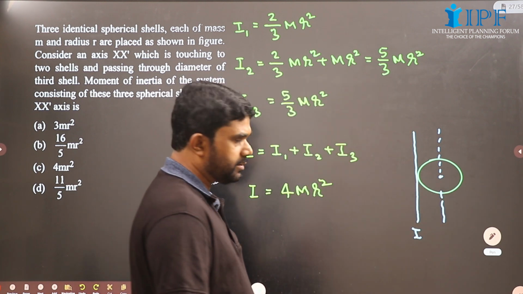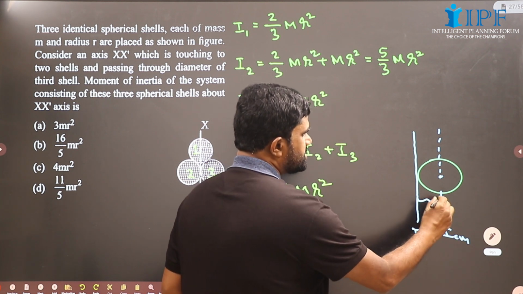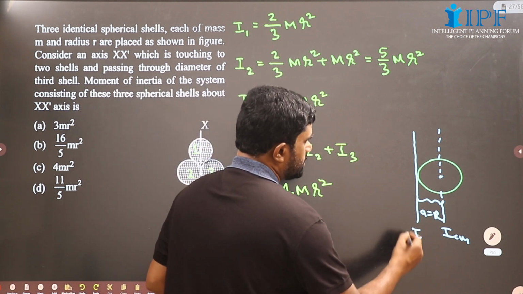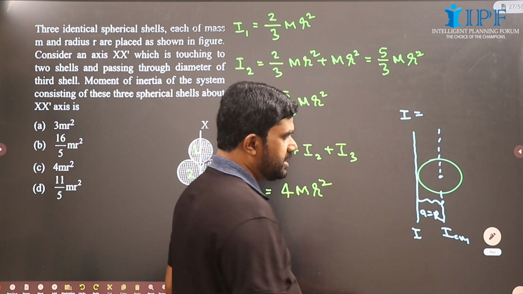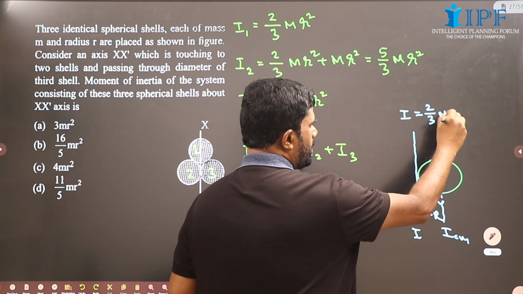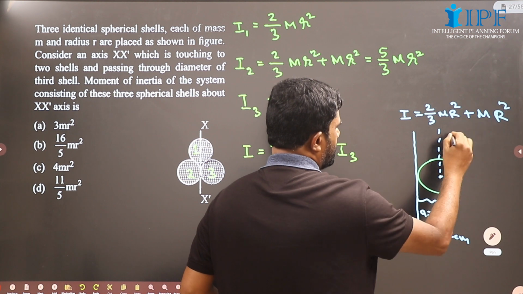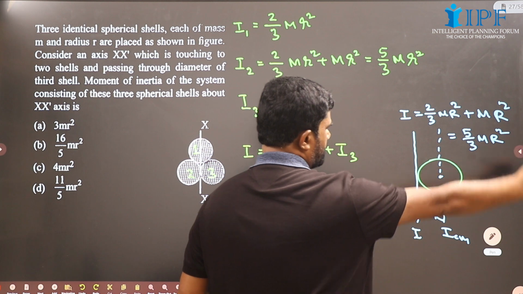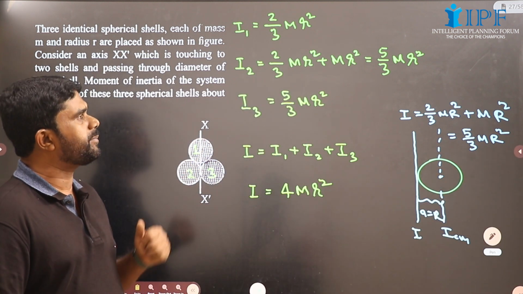That will be a diameter, so this is I_CM, and this distance A equals R. So I equals I_CM plus MA². I_CM is 2 by 3 MR² plus MA², which is MR², and this equals 5 by 3 MR². So the moment of inertia of the second shell about the given axis is 5 by 3 MR².